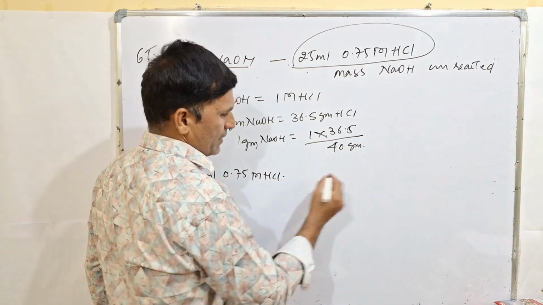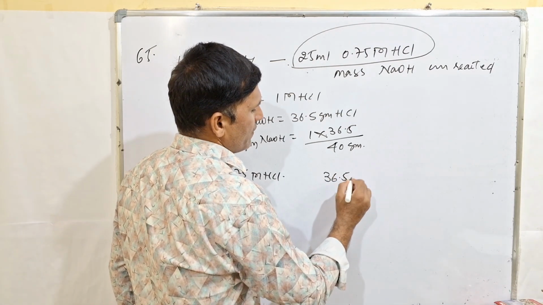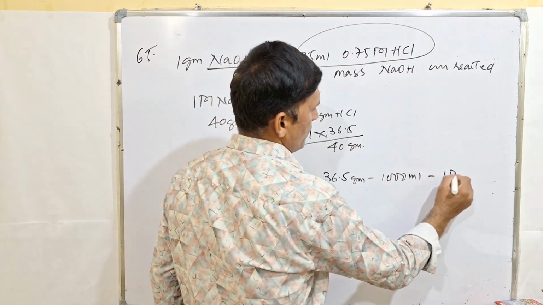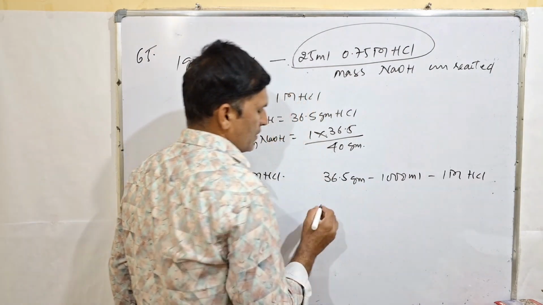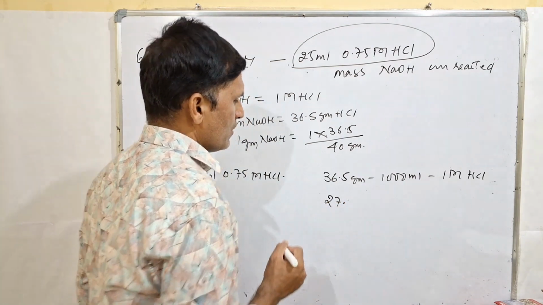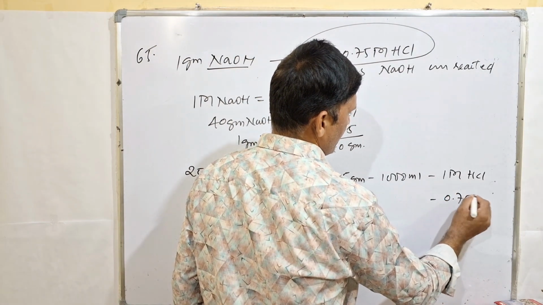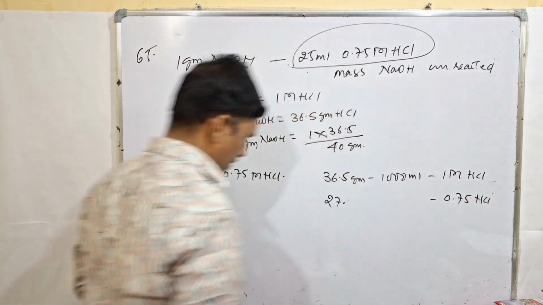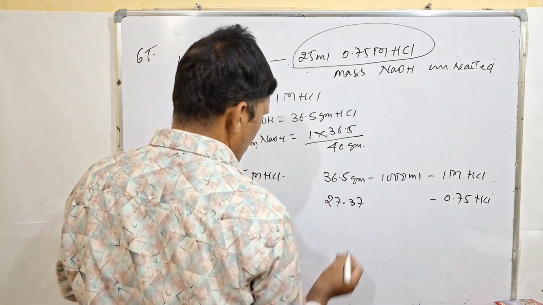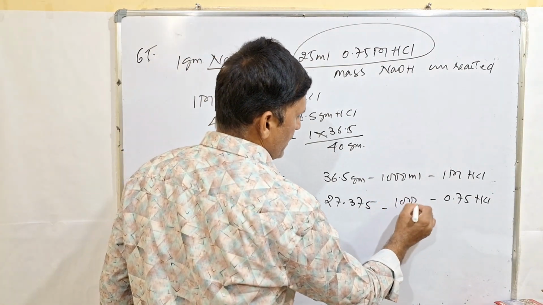So we know that 36.5 grams in 1000 ml corresponds to 1 molar HCl. And for 0.75 mole, which is three fourths, you have to multiply this by 0.75, and that comes out to be 27.375 grams in 1000 ml.